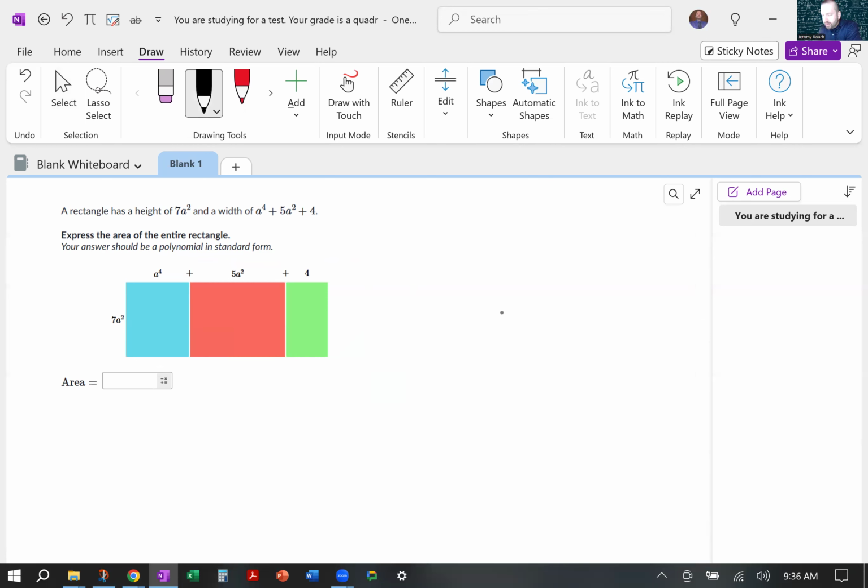So area is just base times height, or length times width. So we could say 7a squared times a to the fourth plus 5a squared plus 4, because we're multiplying the length times the width.